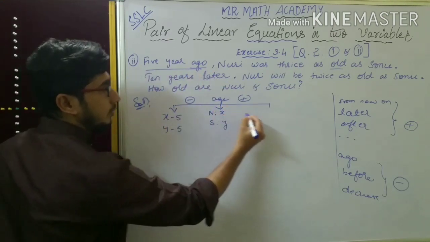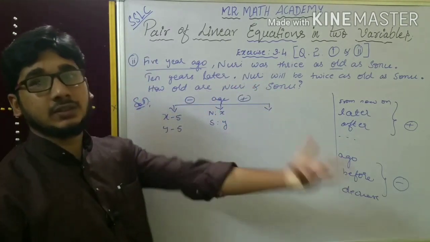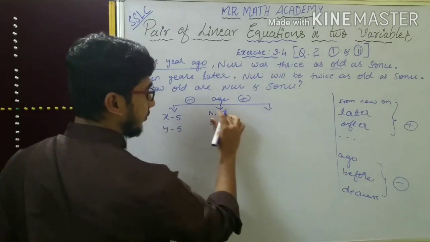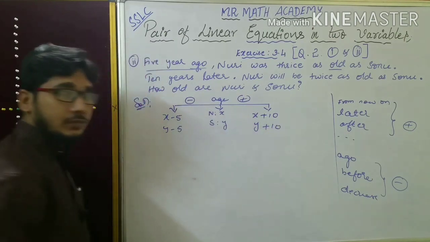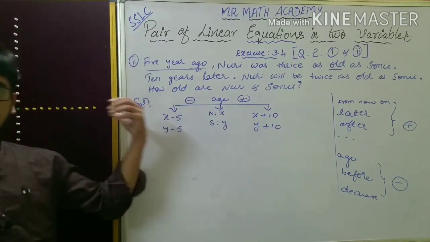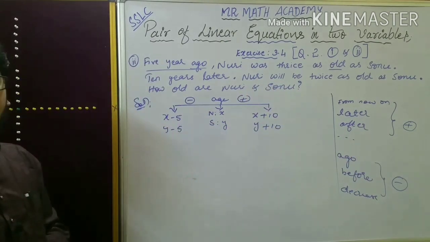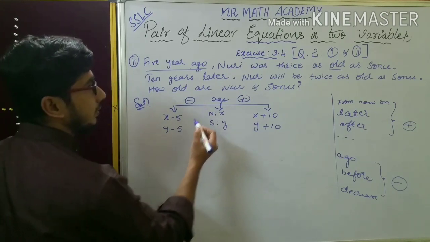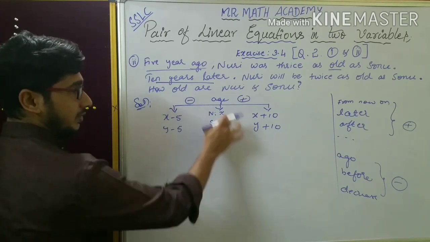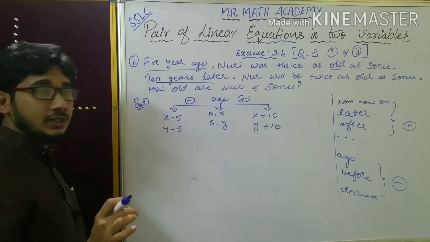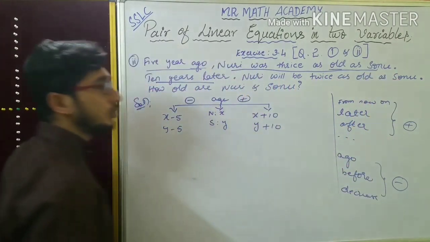Now one more condition is there. 10 years later, from now on, what will happen? 10 years later means X plus 10, Y plus 10. This is 5 years ago, this is 10 years later. Now we have to see what we have written. We made the statements, and now we have to find the present age. The most important condition is this one: Noori was thrice as old as Sonu.